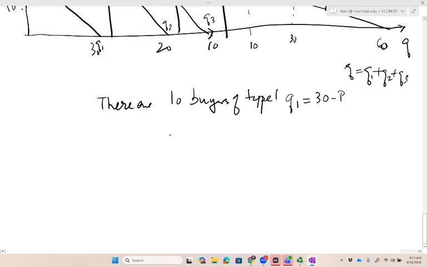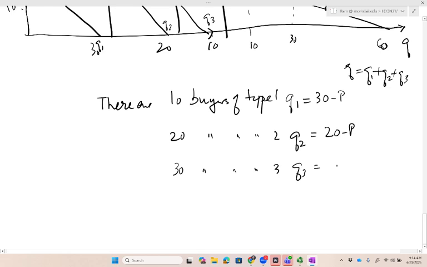Let's say we have 20 buyers of type 2 who have demand Q2 equal to 20 minus P. I'm just making up these numbers because there could be several buyers having similar characteristics. So we can club them together and do the market aggregation exercise. I will assume there are 30 buyers of type 3.